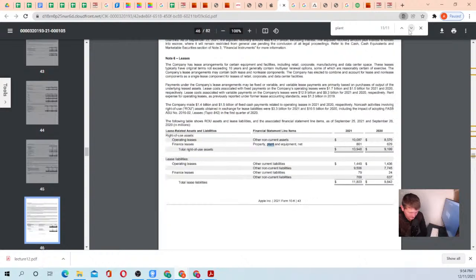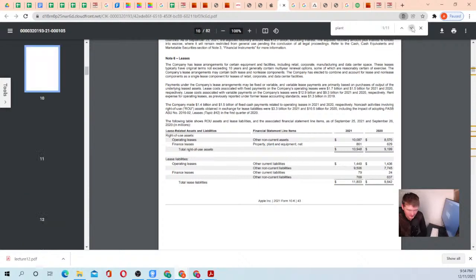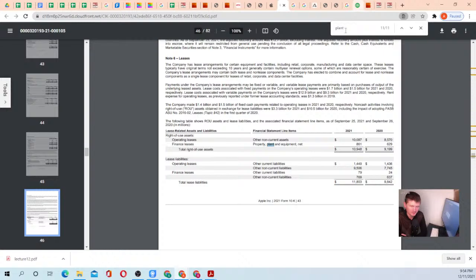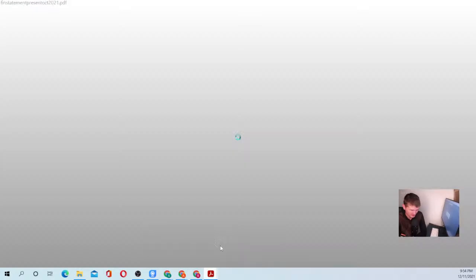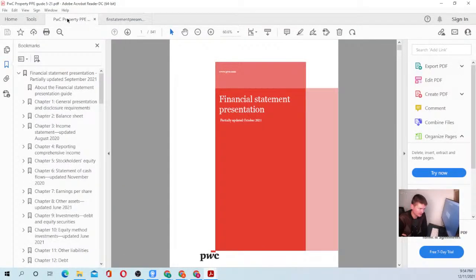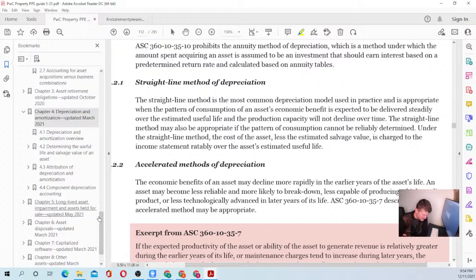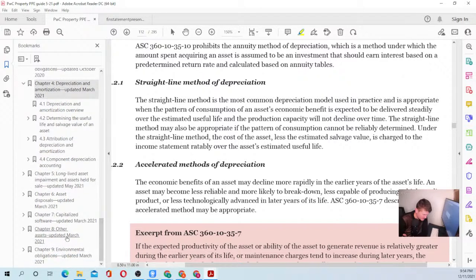Let's see. And we have some information about finance leases in the leases section. Not much information, I would say. Let's see what we have in accounting guidance. Do we have anything about disclosure requirements? Let's try to find out.